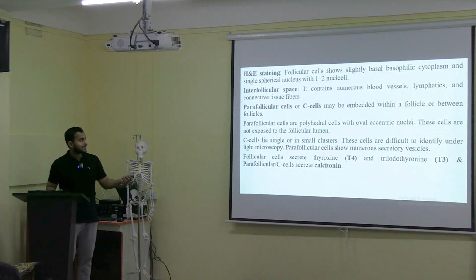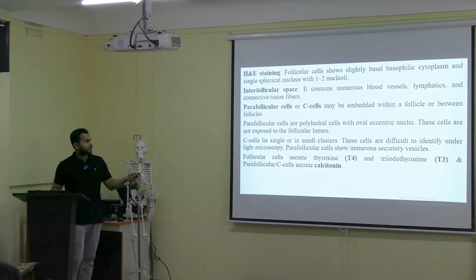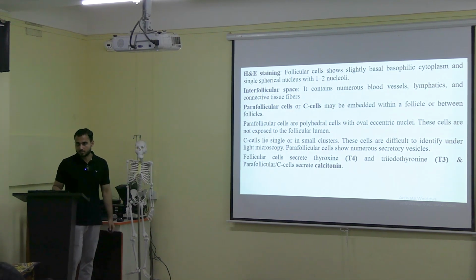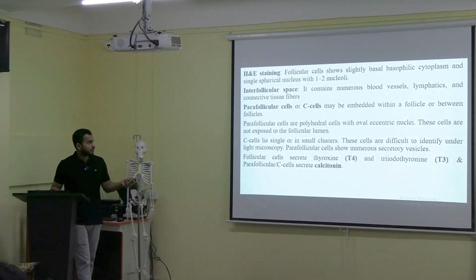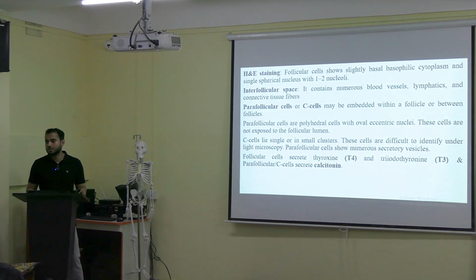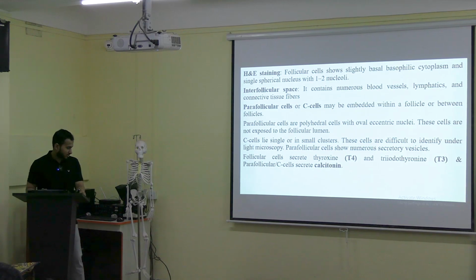Now, these parafollicular cells are either embedded within a follicle or lie in between the follicles. The question is, how will you identify the parafollicular cells? First of all, these are polyhedral cells with an oval eccentric nucleus. These cells are either single or lie in clusters, mostly in the form of clusters.